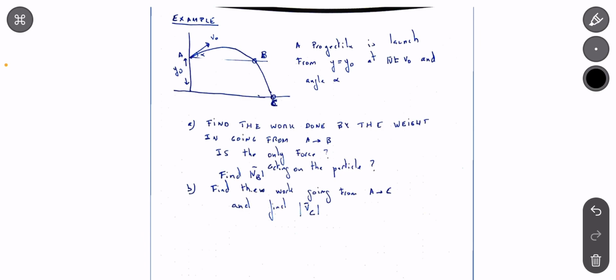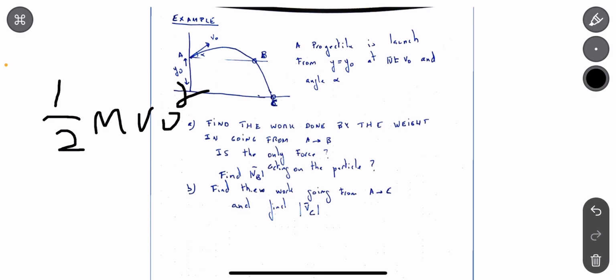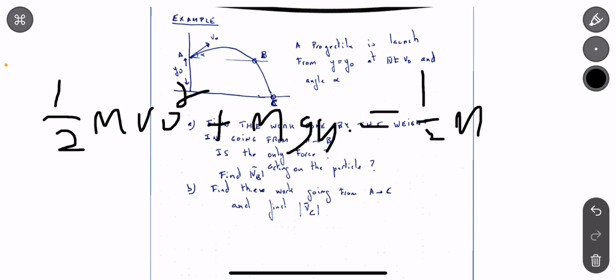So let me write this out for you guys to see what I'm saying, which is essentially going to be something very similar. Maybe it's better if I write it out. 1/2 m v squared plus mgy, plus 0, right?